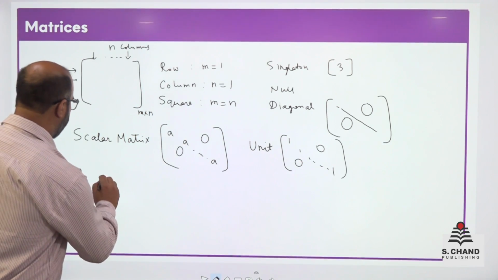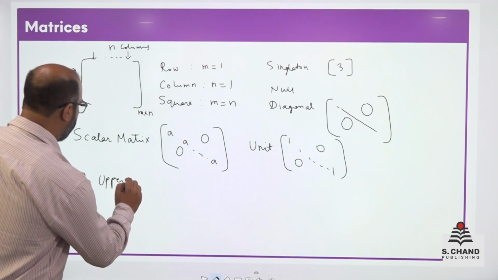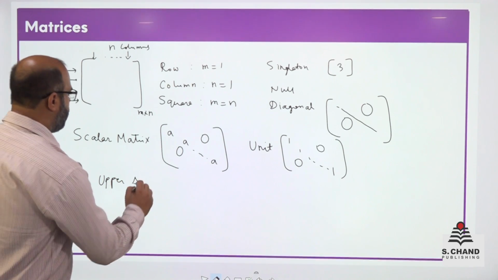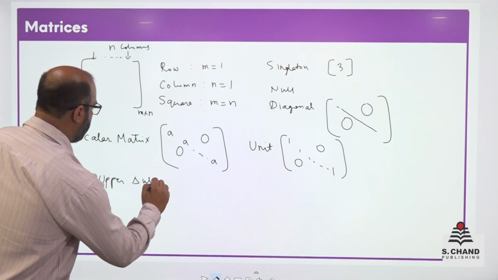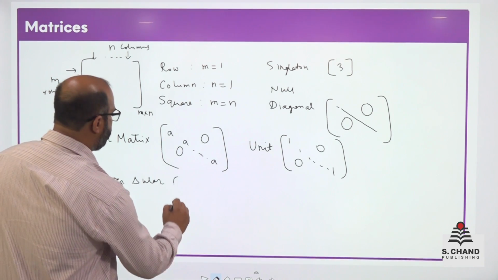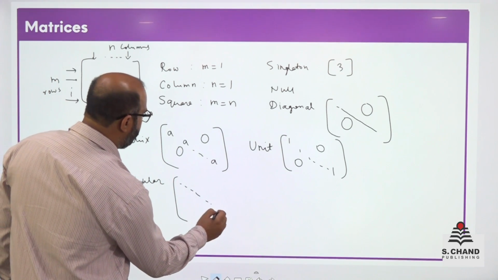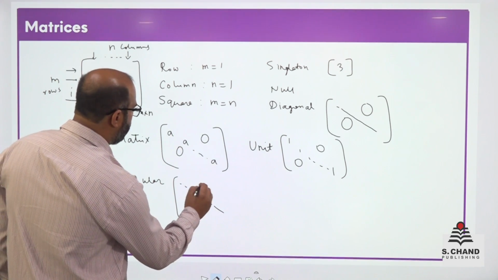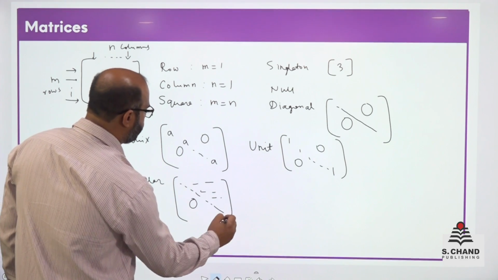Upper triangular matrix is a matrix whose elements below the diagonal are all 0, above can be any values.